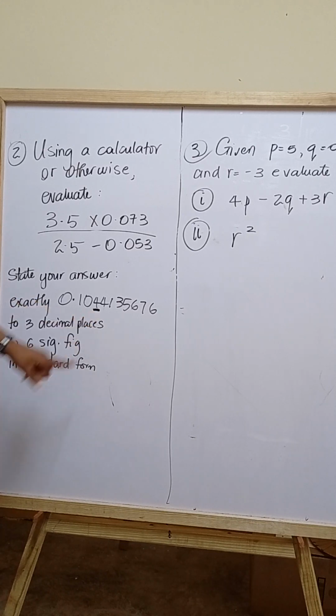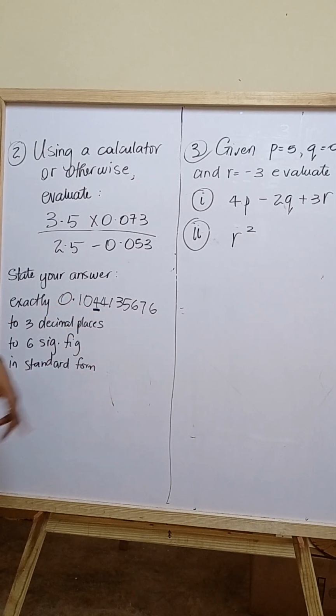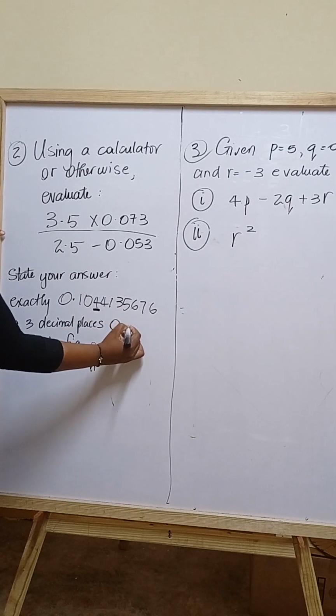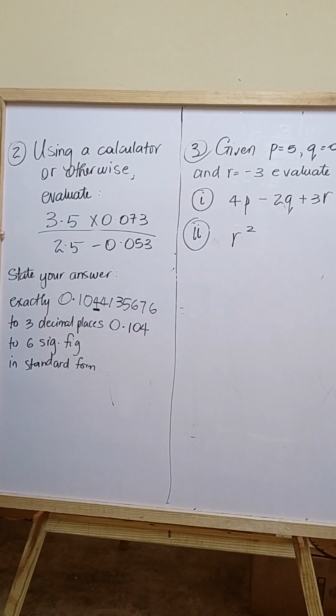So the digit we are rounding remains the same, and we discard the rest of the digits, or we don't write them back. So the final answer for this part is 0.104.